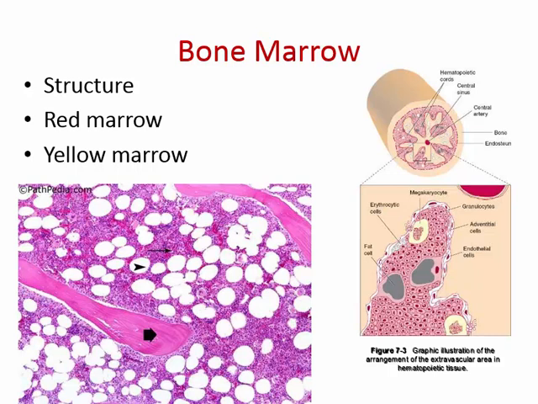You've got the hematopoietic tissue sandwiched between two other types of tissues that are mostly of endothelial or fibroblastic origin. And what's going to happen here is that depending on what type of cell you have, for instance, red blood cells usually are going to be found in the corners, in this area, for example.